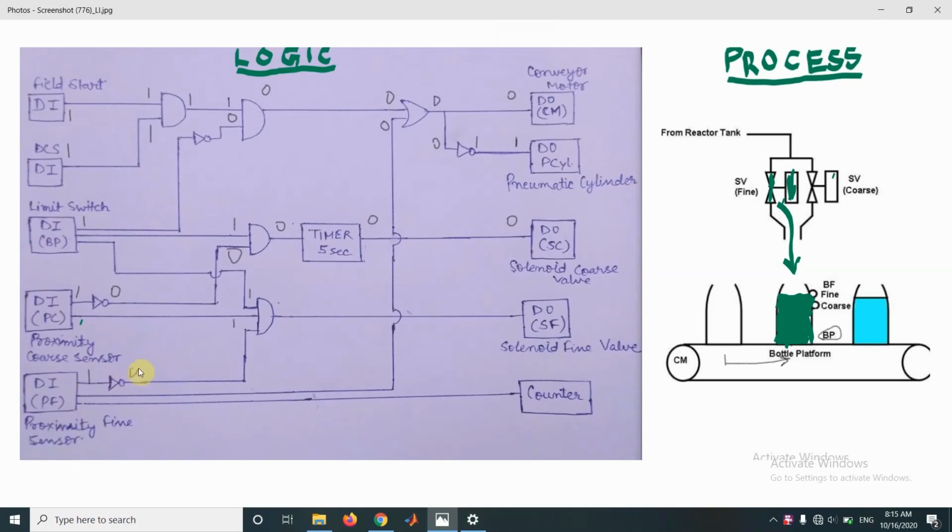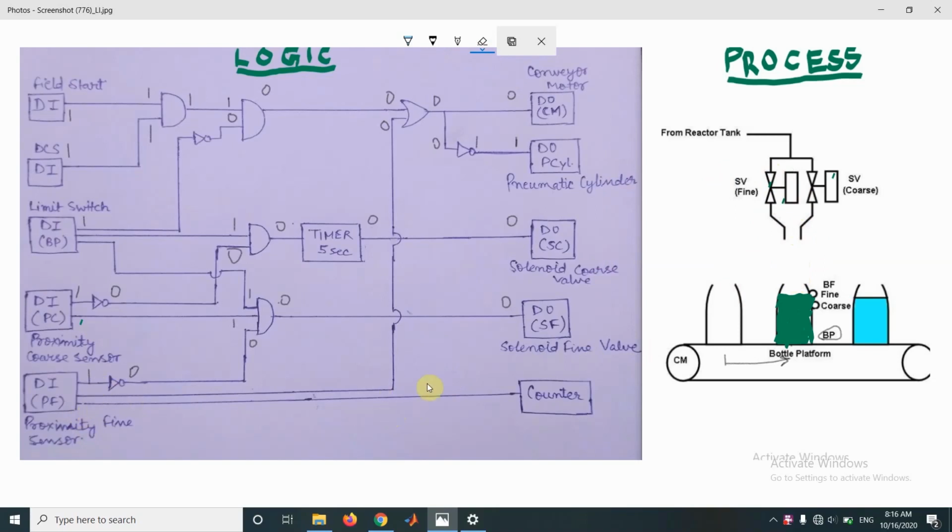Due to this NOT gate, this input would be 0. Due to this, the AND gate would be off, and the solenoid fine valve would also stop. Hence, the bottle is now 100% full and the solenoid valve stops filling the bottle.